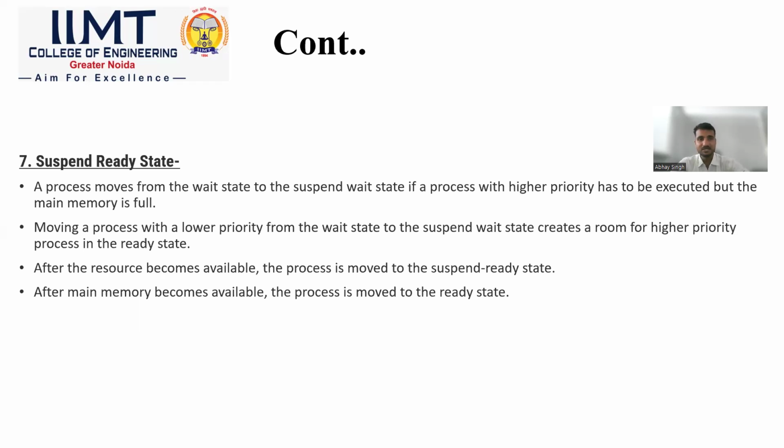After the resource becomes available, the process is moved to the suspend ready state. After main memory becomes available, the process is moved to the ready state. These processes are also performed by the medium-term scheduler. In other cases, suspend may be created for the ready or waiting state.